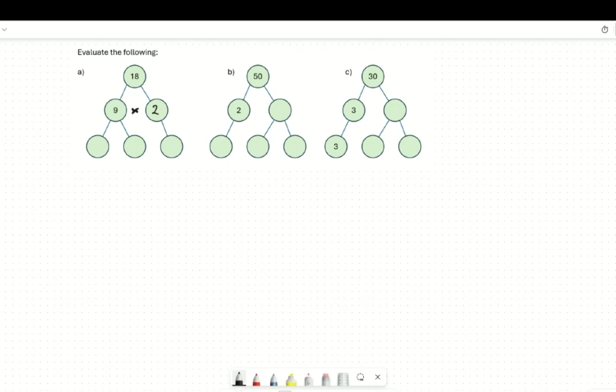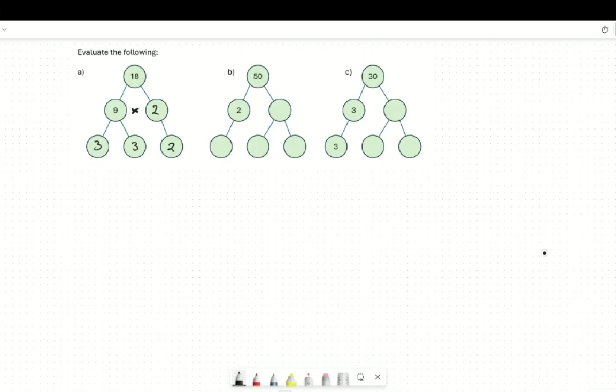Now 2 is a prime number, it's only divisible by 1 and itself, so we can leave that one alone. But 9 is a composite number and can be broken down further. 3 times 3 also produces 9, and 3 is a prime number because it's only divisible by itself and 1, and we just bring down the 2.